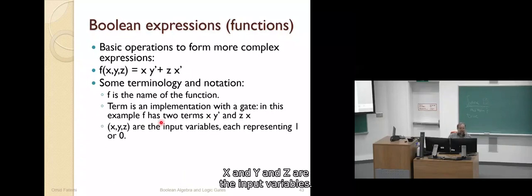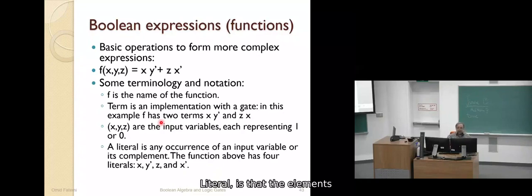X, y, and z are the input variables, and each one of them is a Boolean variable, a digital signal, either 0 or 1, either true or false. And if we go to the circuit, either 0 volt or 5 volt, high voltage or low voltage.